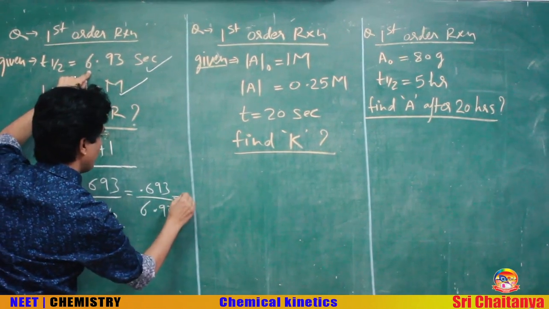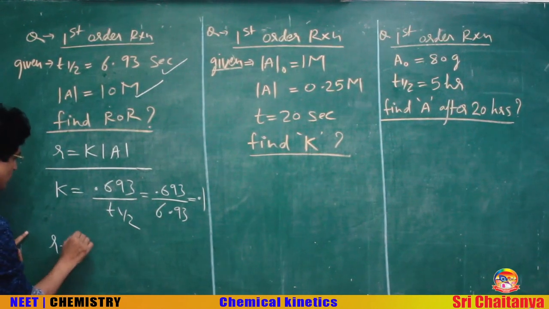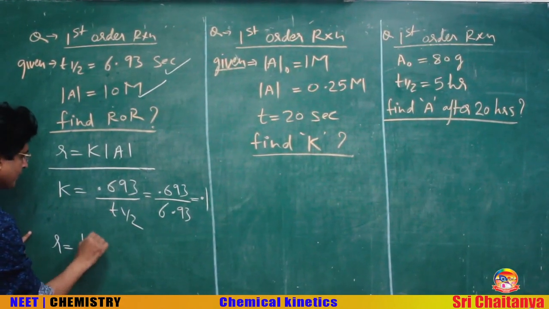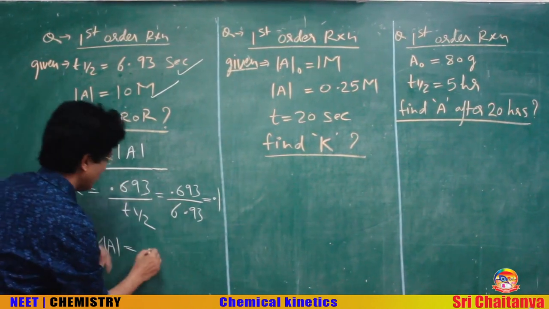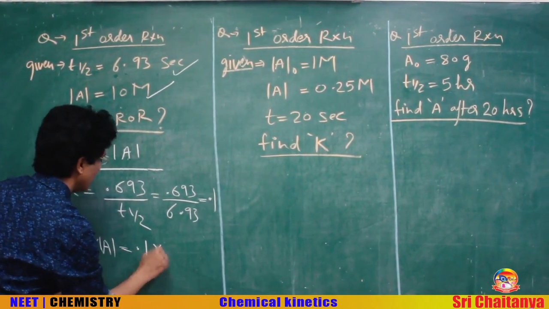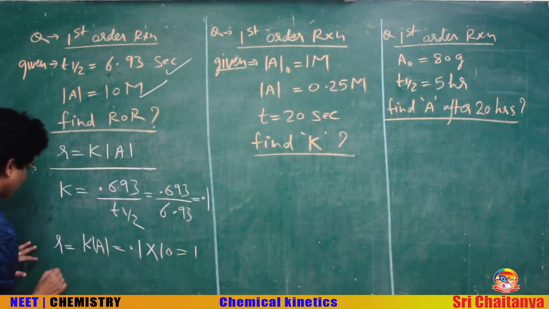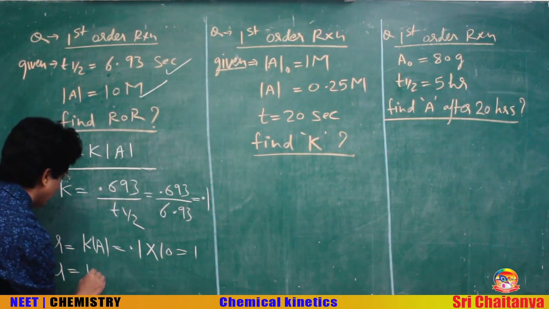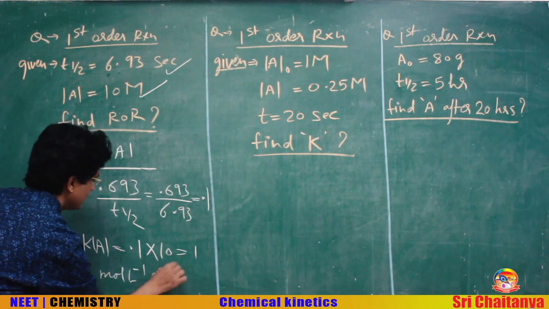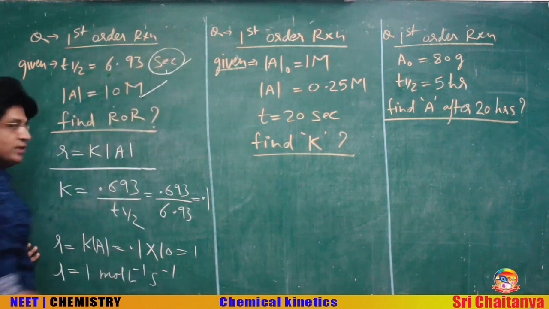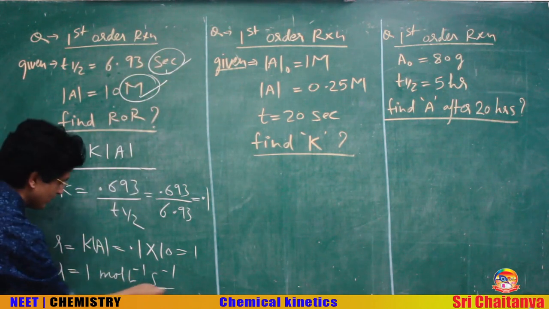That will be 0.1. Now R equals K A. I know that. So put the values. K will be 0.1 into A will be 10. This will be 1. So rate of reaction will be 1 mole per liter per second. The time is given in seconds, and this is molarity, so moles per liter. I hope this question is clear.